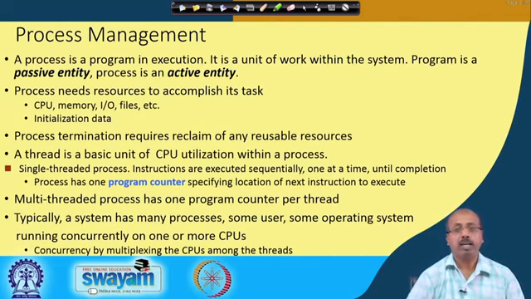All of them are executing the same server program, but every client that connects to this server has a different entity. All of them are called threads. In this sense, a thread is the basic unit of CPU utilization within a process.